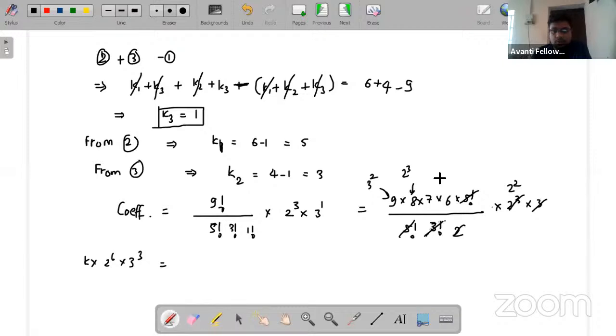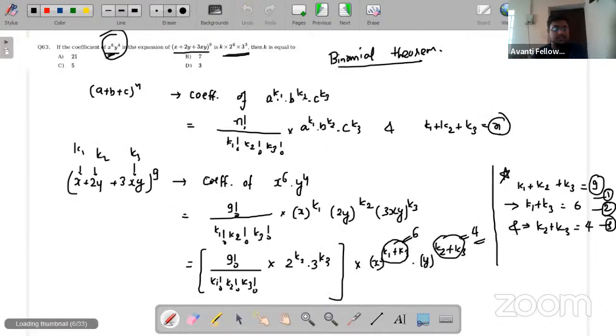So into, from here this is 2 into 3, so 2 to the power 1 is there, so 3 plus 1 is 4, plus 2 is 6, into 3 to the power 2, and here it is power 1, so 3 cube, into remaining is 7, right? So 2 to the power 6 and 3 to the power 3 is cancelled out. Finally, we are getting k is equal to 7.